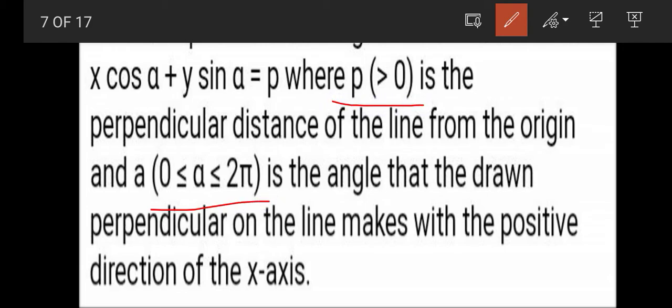P is always greater than 0, and alpha is between 0 and 2 pi.